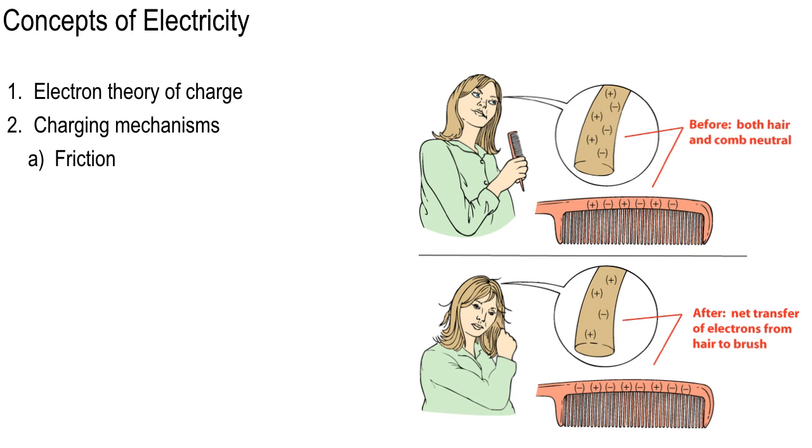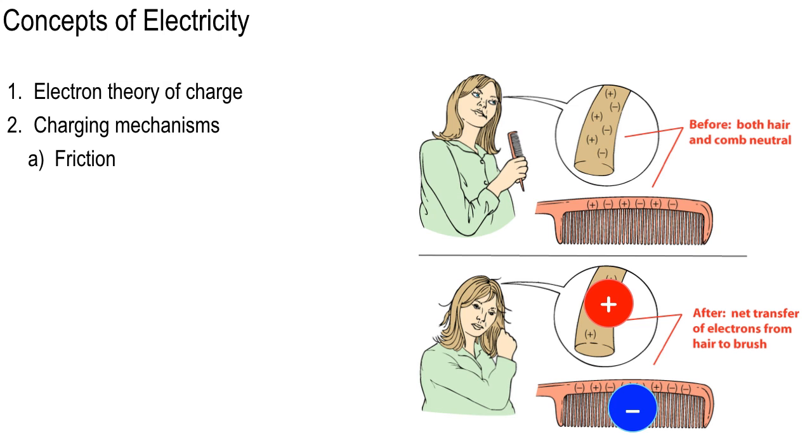So, for instance, for this girl combing her hair, the comb tends to accumulate a few extra electrons. Electrons are negative. Therefore, each strand of hair tends to be slightly positive, because the electrons are missing. And that's what combing does.